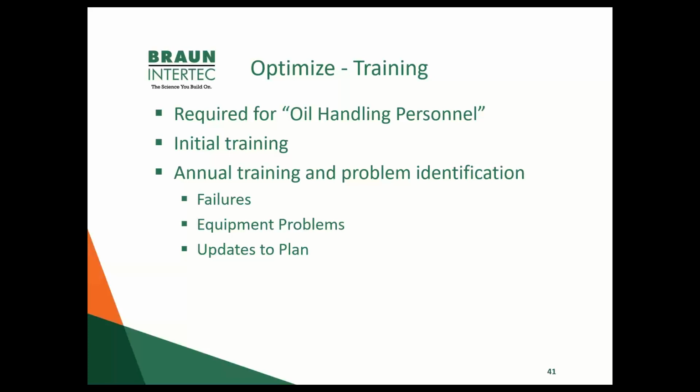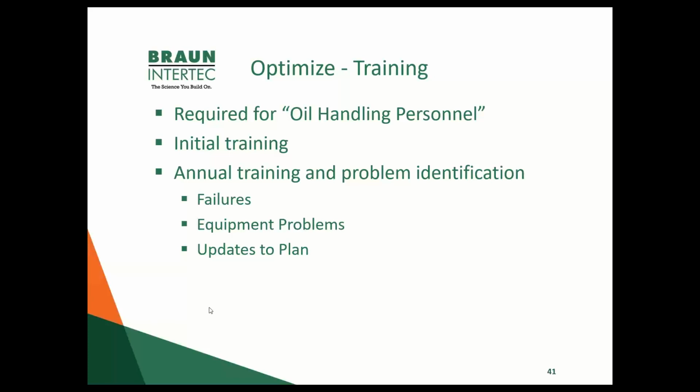And then we take the annual training as an opportunity to go through and identify any problems that developed in the last year. We talk about failures: failures of containment, maybe a failure in a policy or a failure in an inspection program. We talk about maybe problematic equipment and what has been cropping up again and again as a maintenance or repair problem.